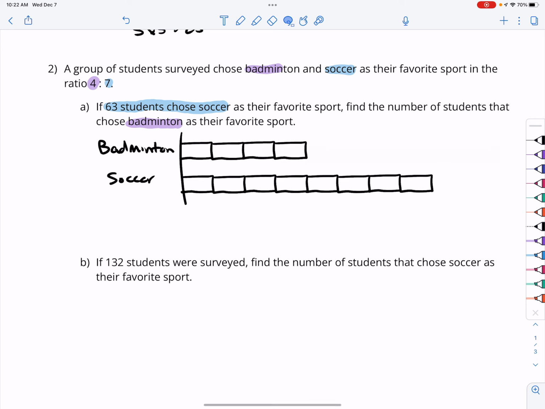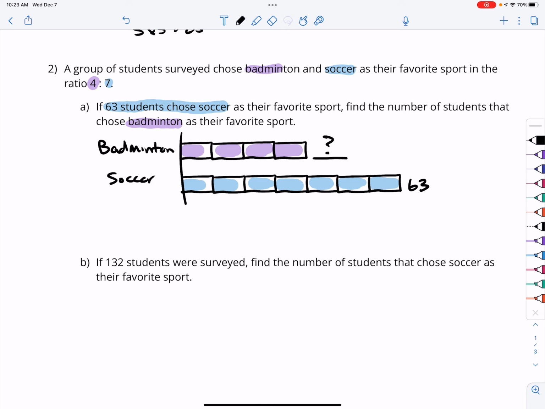I'm just going to duplicate that and then get rid of one of them. So that does seem to fit, that fewer students chose badminton than they did soccer. Here's our picture. 63 students chose soccer. So here is, we know, 63. And our question is asking how many chose badminton.